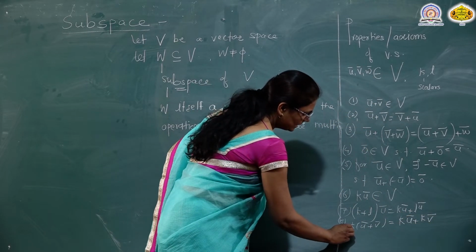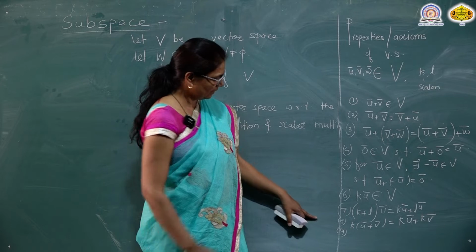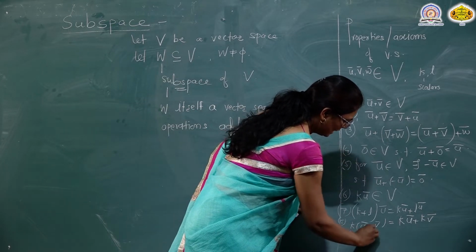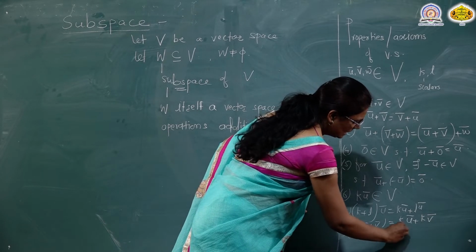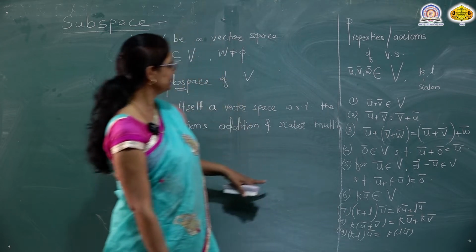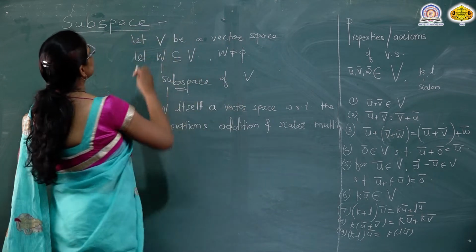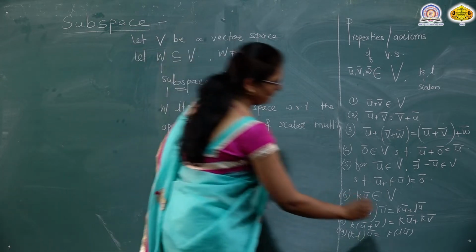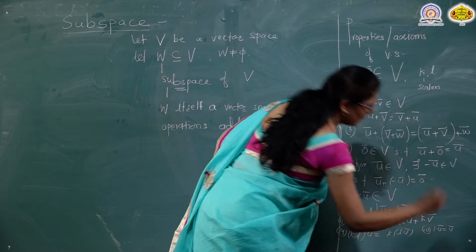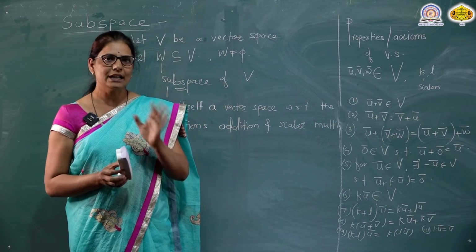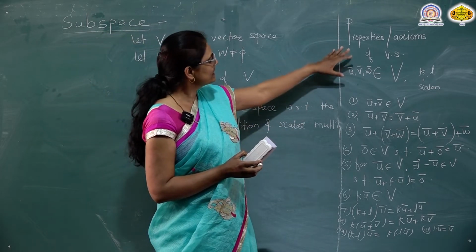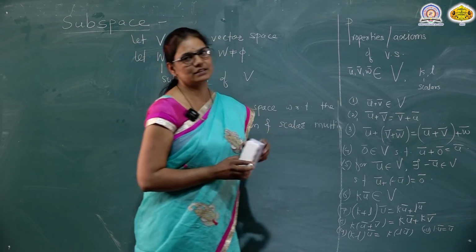The 9th property is (KL) times u bar can be written as K times (L u bar). And the 10th and last property is 1 times u bar is equal to u bar. So these are the axioms for the vector space.